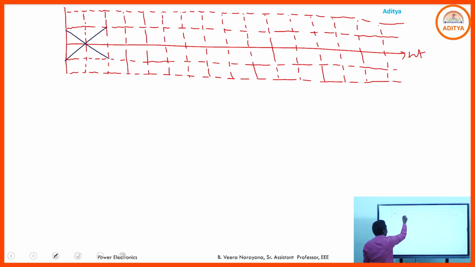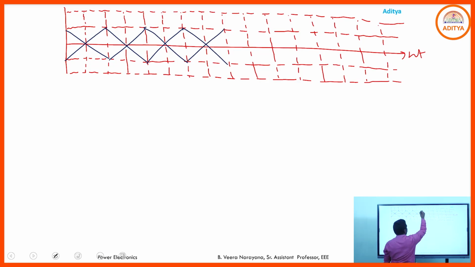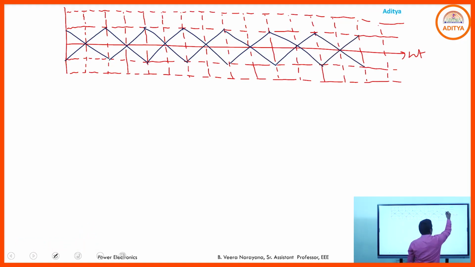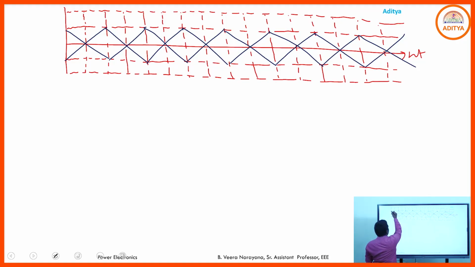And again next to 4 boxes, you put one cross mark, and the next one, and the next one, like this. After that, you join the alternative peaks. From this, you ignore this one and the next one, alternative peaks, like this.